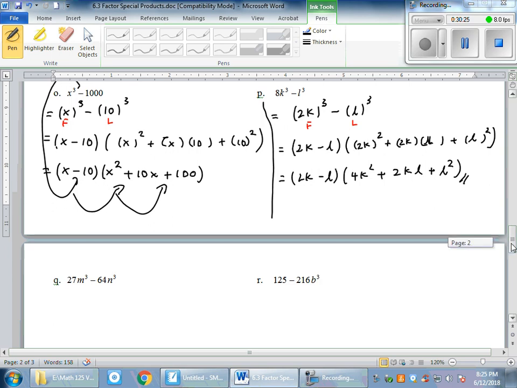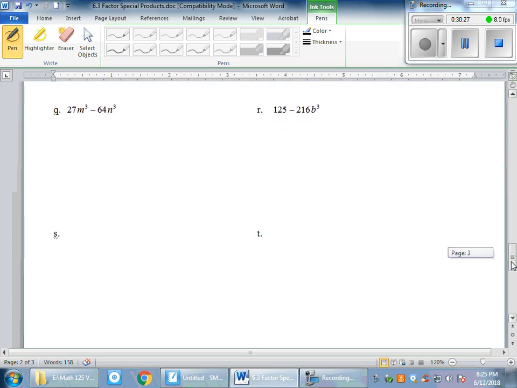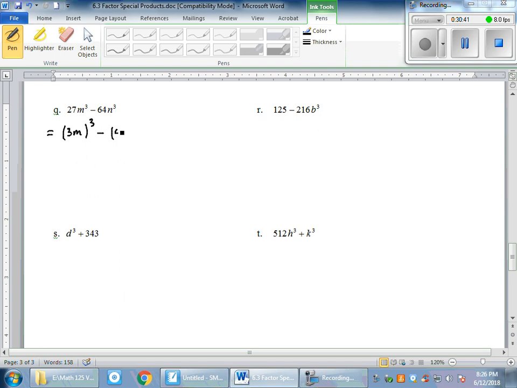Continuing, 27 is a perfect cube number, 64 is also a perfect cube number. So this will be 3m to the third power minus 4n to the third power. Using the formula, first minus last, first square plus first times last plus last square.